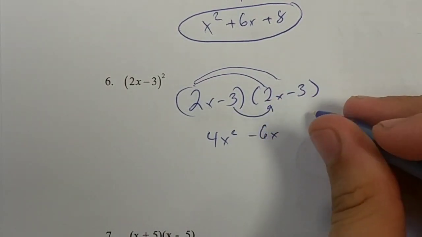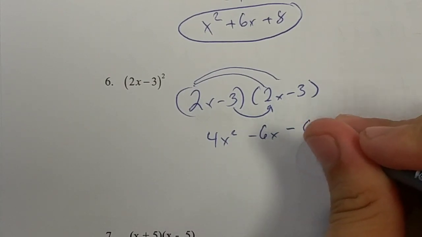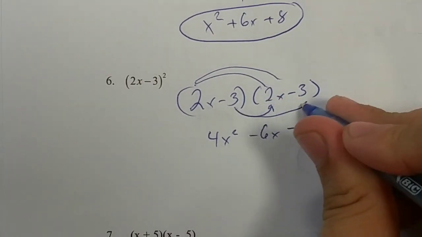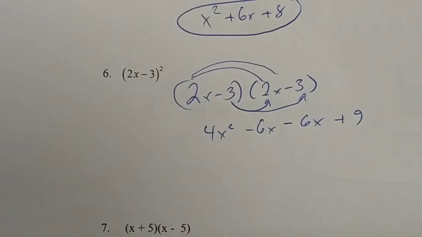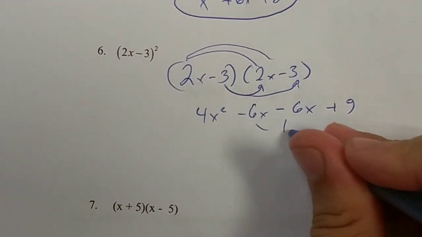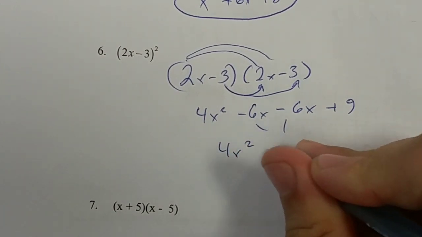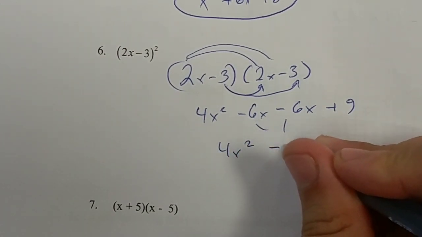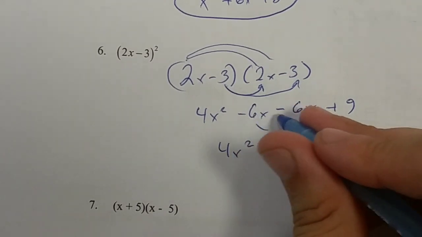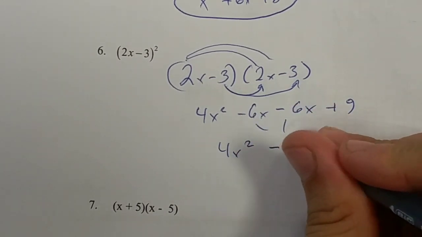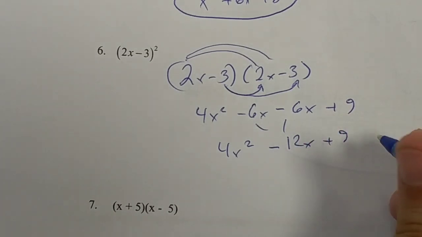Negative 3 times 2x is negative 6x. And negative 3 times negative 3 is plus 9. So let's combine these things. 4x squared, negative 6 minus 6 is going to be negative 12x plus 9.